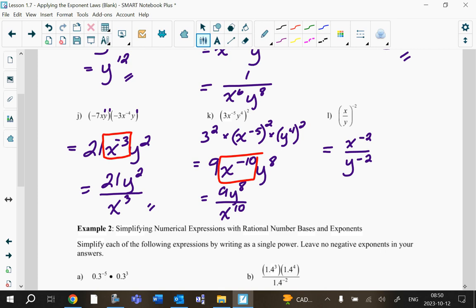It applies to everything because of the parentheses. Well, now I've got a negative exponent up top, and I've got a negative exponent on the bottom. How do I write this using positive exponents? Well, I've got to take this one and move it down to make it positive. But then I've got to take this one on the bottom and move it up.